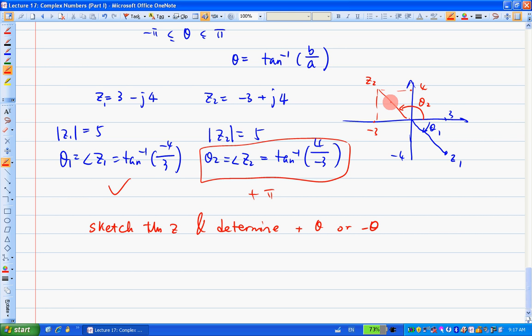Is it going clockwise or counterclockwise? Counterclockwise, so it's positive. And this is the negative. So when you give a negative number to the calculator, you get a negative angle here. That's good for this one, but not for this one. So then you need to add pi to the calculator result here. I think it makes sense.